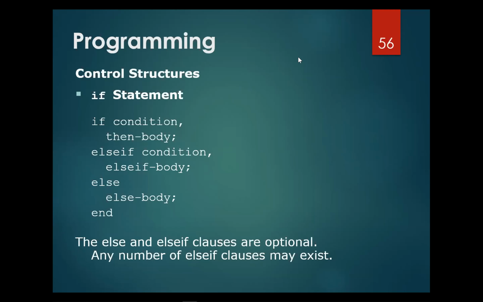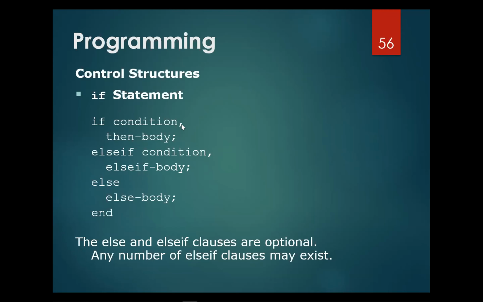The first construct to consider under decision making or branching is the if statement. If is one common construct that is found everywhere. Now this is the structure of the if construct. It says if the condition, then body.